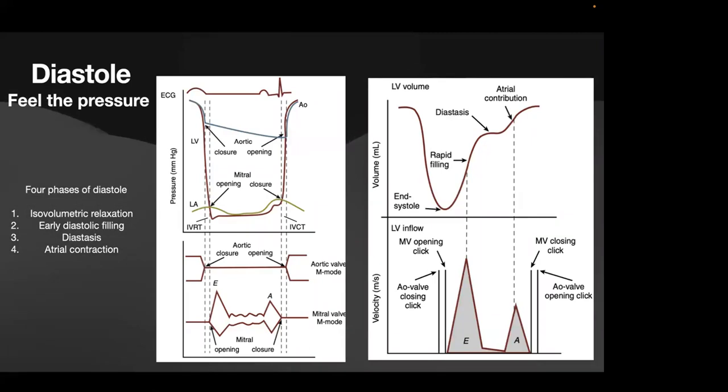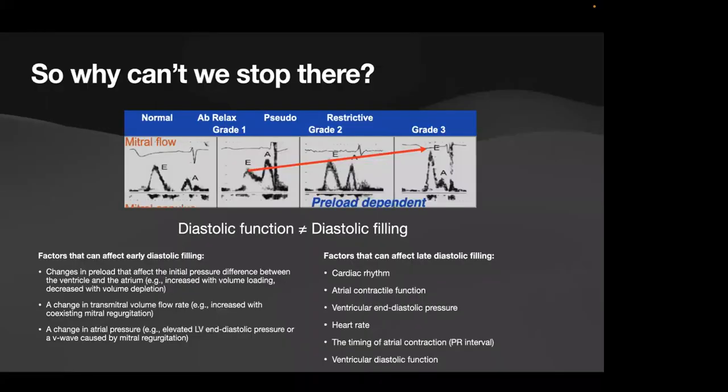So those are the four phases of diastole, and it's important because we're going to focus a little bit on the isovolumetric relaxation time and the pressure changes in the left ventricle as it goes from the end of systole to the beginning of diastole.